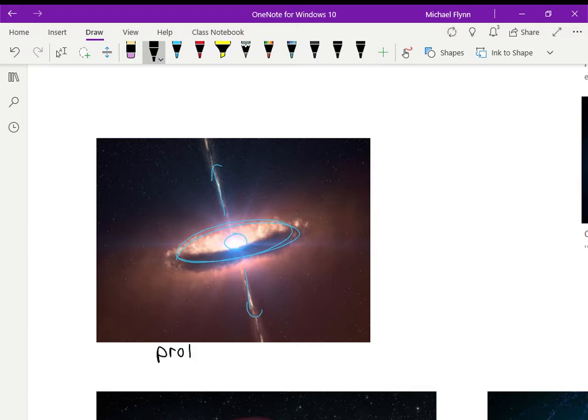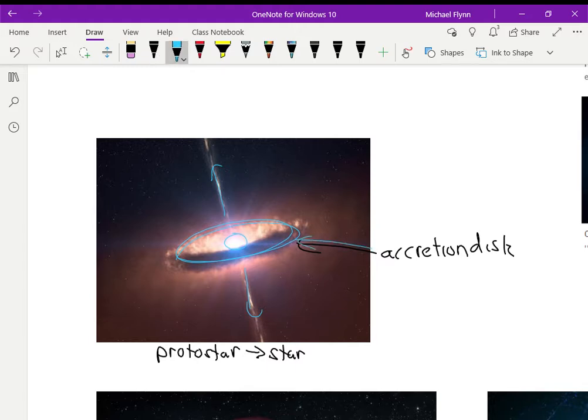So this diagram here represents a protostar becoming a star. And here you can see right there, that's the accretion disk. Maybe what I'll do is I'll color that line so you can see it a little better. That's the accretion disk right there. So that dust that settles around the star, that's going to become the planets.